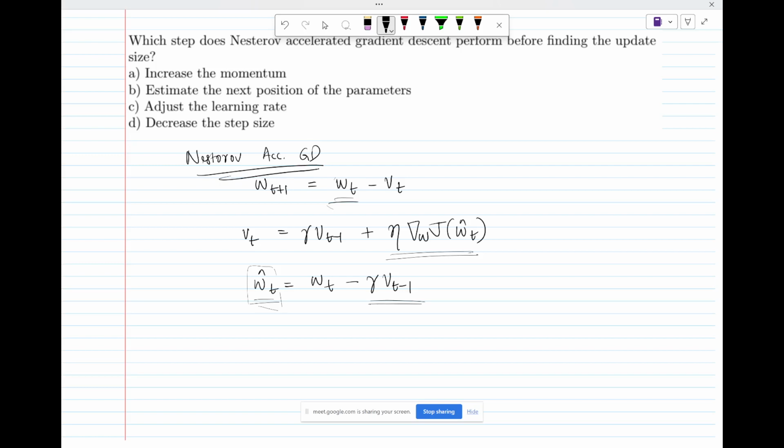So in the previous momentum based method you are computing the gradient at Wt, but here instead of doing it at Wt you are using this sort of look ahead step, look ahead gradient.